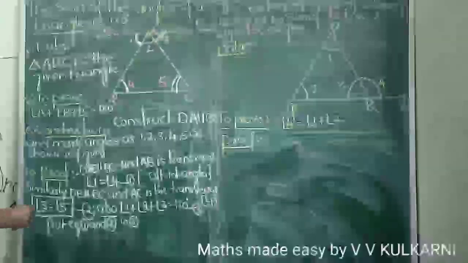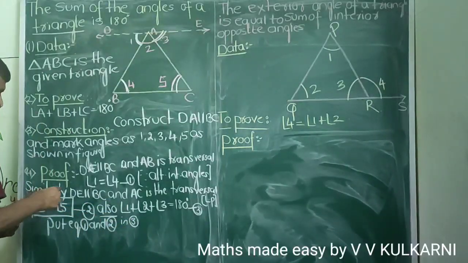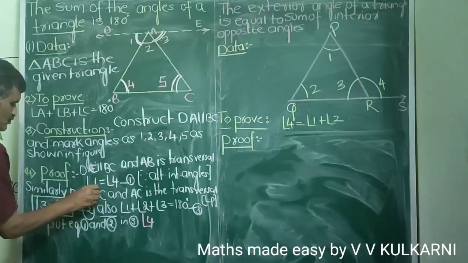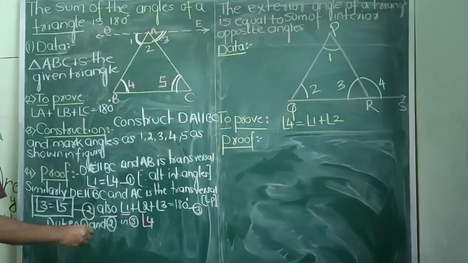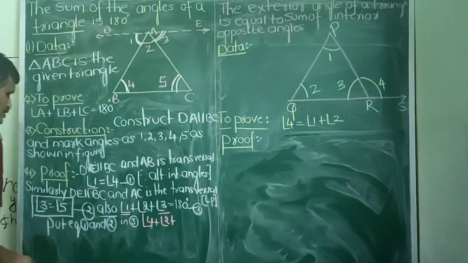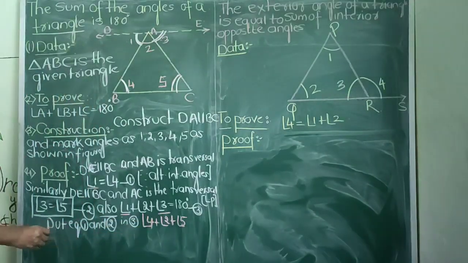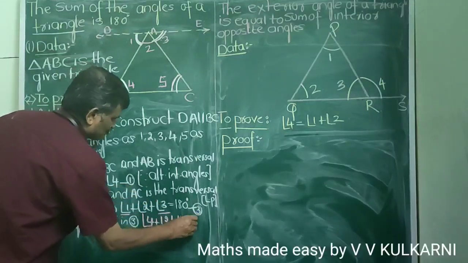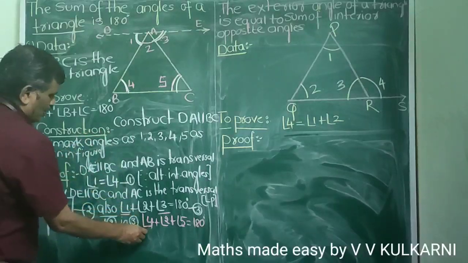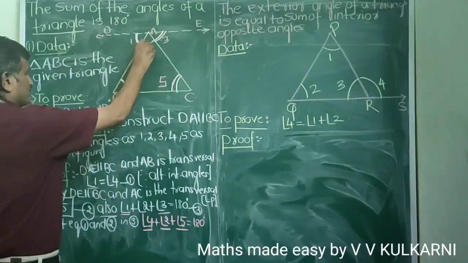See, in place of 1, I should put 4. In place of 2, I keep it as it is. But in case of 3, I have to put 5. See what I got: angle 4 plus angle 2 plus angle 5 is 180.